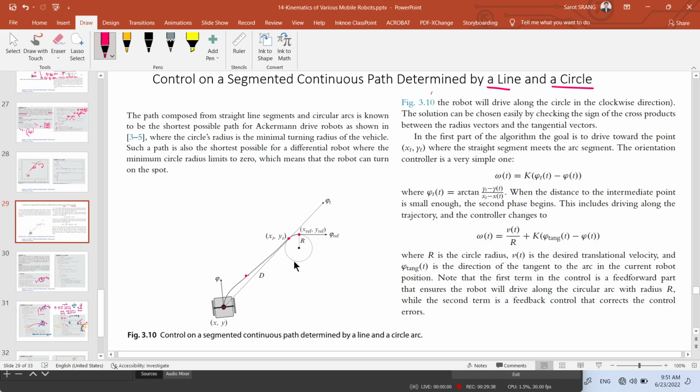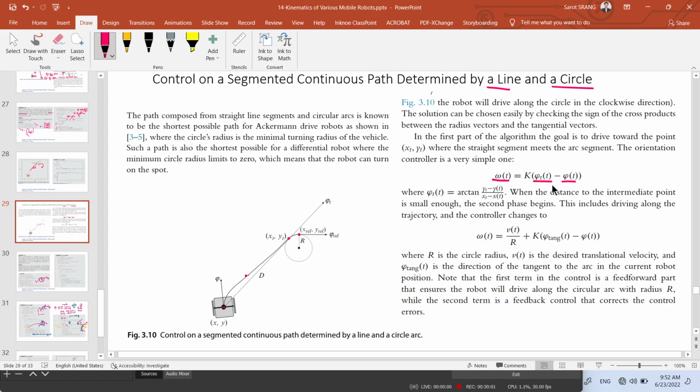So for the controller again, we define omega as a feedback proportional to the error between the instantaneous orientation and the intermediate orientation.